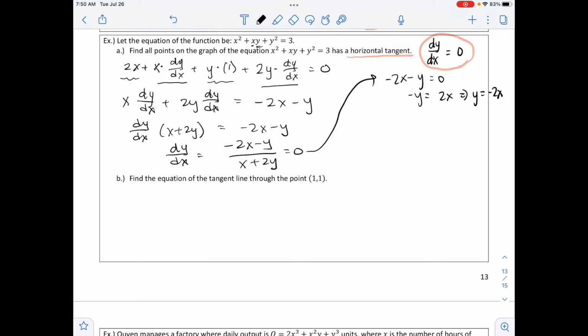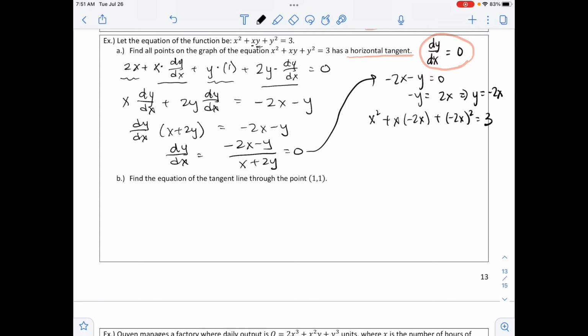And it doesn't tell me an answer. I still have to be able to solve this. So I'm going to go ahead and substitute this back into that original function, which is x squared plus xy plus y squared equals 3. So instead of all the y's, I'm going to write negative 2x. And so we have x squared plus x times negative 2x plus negative 2x squared equals 3.